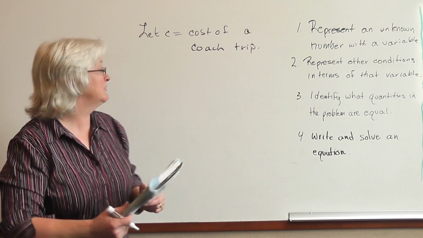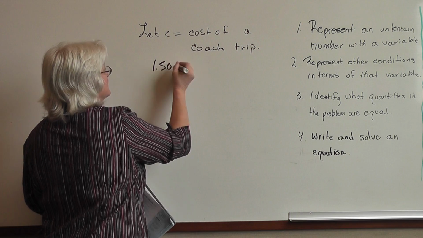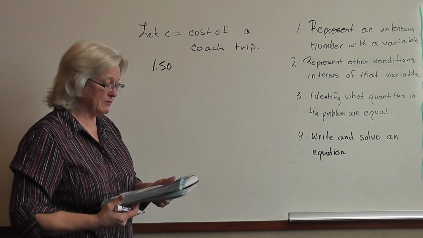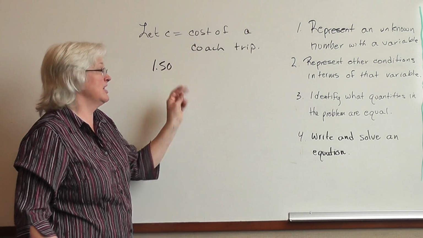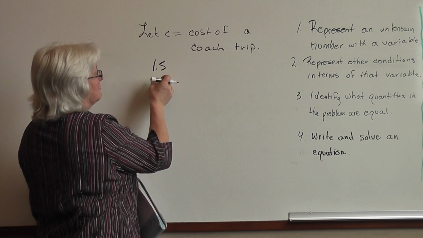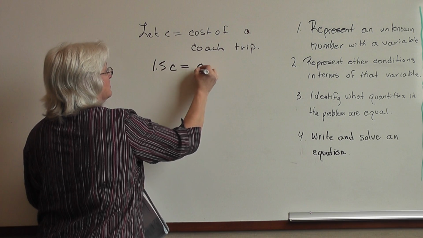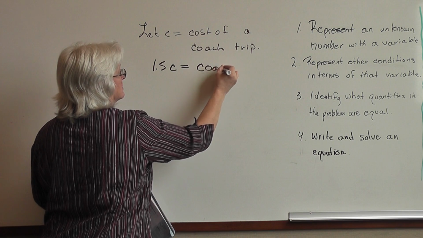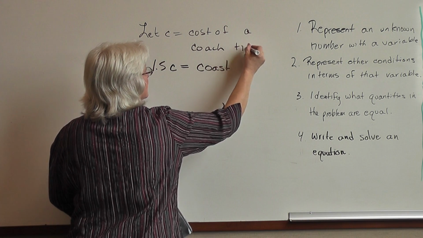You write 150% as a decimal, 1.50, that's 150%. Do you have to have that 0 at the end? No. 1.5 is 150%. 150% of the cost of a coach ticket is equal to the cost of a first class ticket.